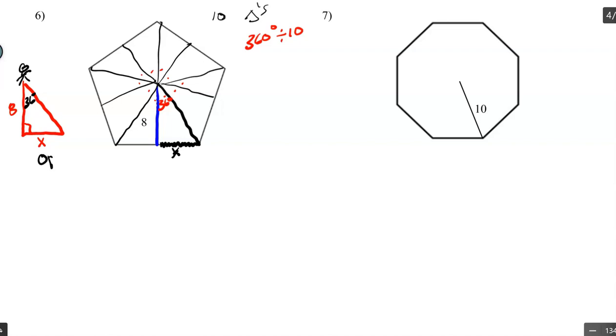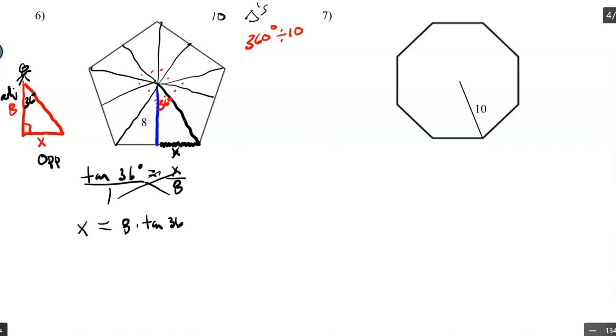This is opposite and this is adjacent. So I need to use tangent. So the tangent when standing on 36 degrees is opposite over adjacent. And if I cross multiply, I'm going to get x equals 8 times the tangent of 36.